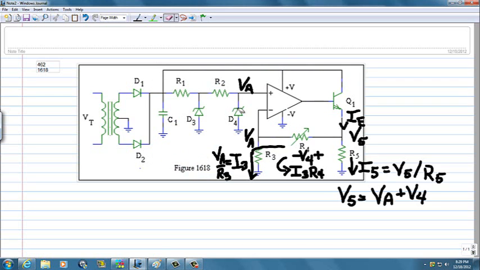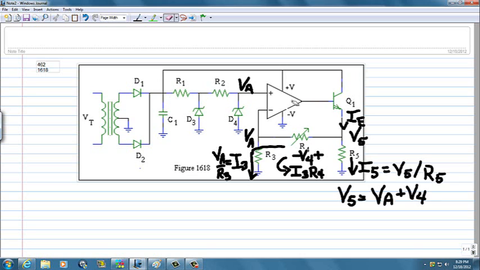So the whole purpose for this diode is to fix a voltage reference, VA, right here, even though this larger DC voltage might be fluctuating. This voltage will be held constant, ideally constant, even though there's fluctuation of DC voltage here.